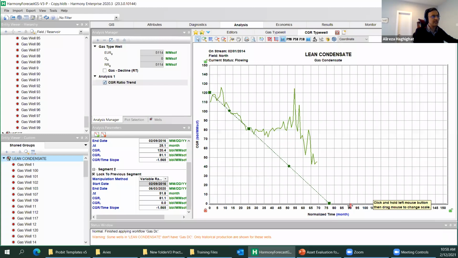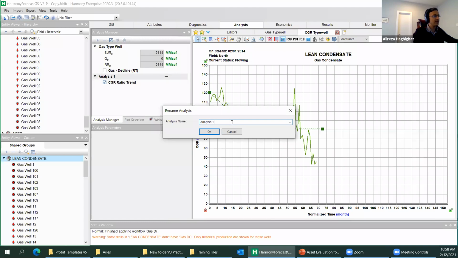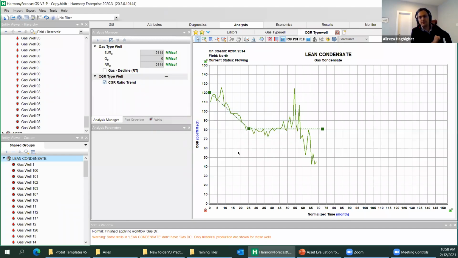And I add a second segment, and you can see here, I may believe this part is not very reliable, and I assume I have two segments. I right click here and I call it condensate gas ratio pipeline. So now I have two different profiles.